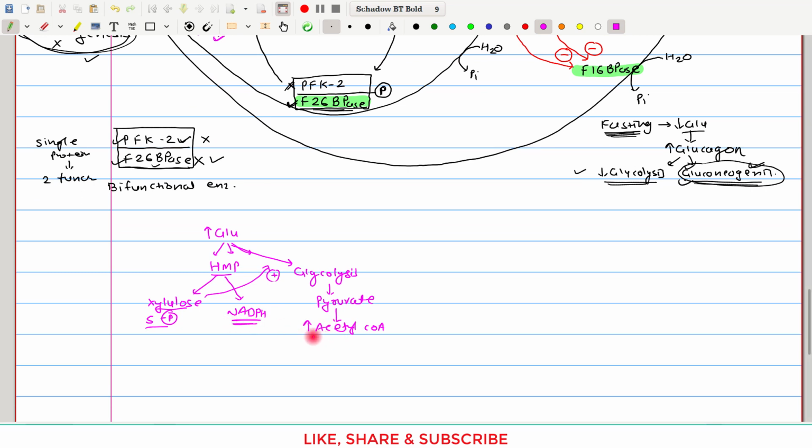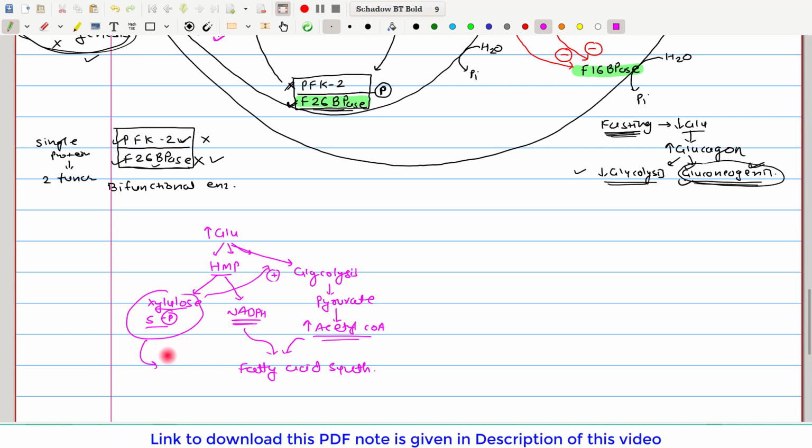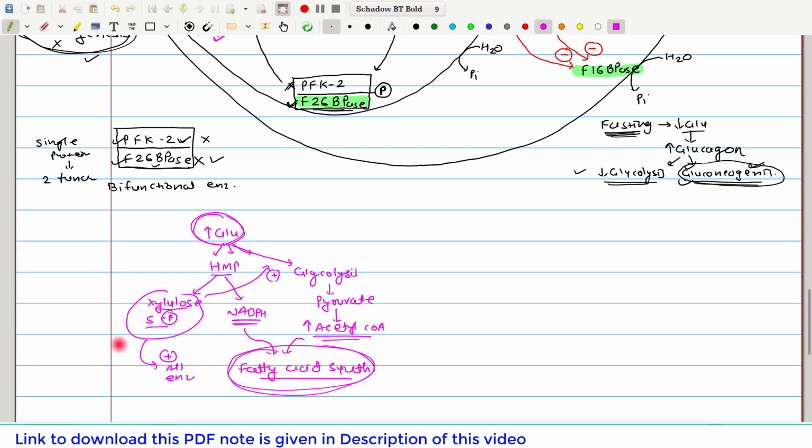This NADPH and this acetyl CoA are both the starting material for fatty acid synthesis. And one more thing, xylulose 5-phosphate is known to stimulate all enzymes of fatty acid synthesis. So whenever there is high glucose concentration, it leads to high fatty acid synthesis. So it is generally said that a high carbohydrate diet can lead to high fat content in our system. That linking point is created by xylulose 5-phosphate.